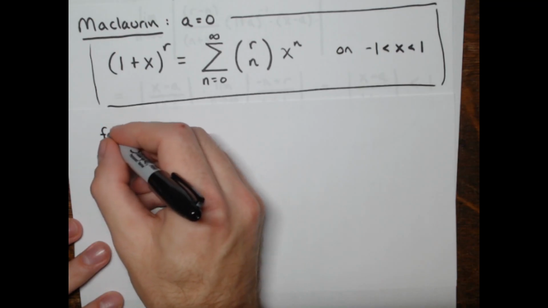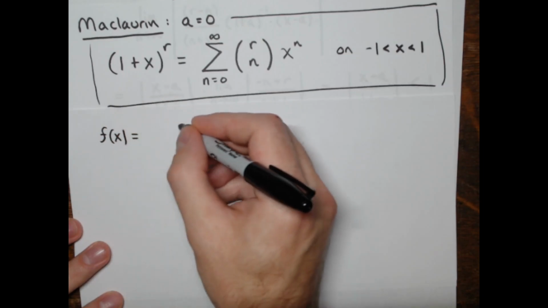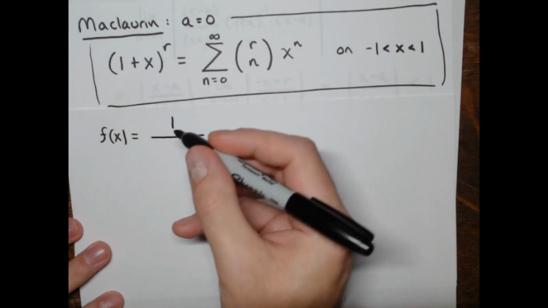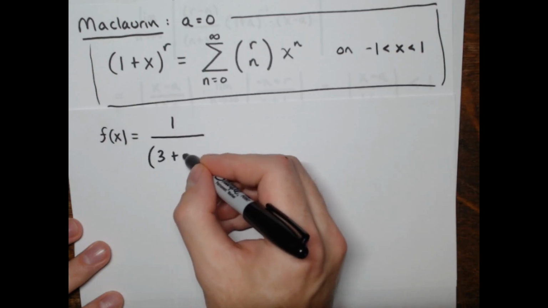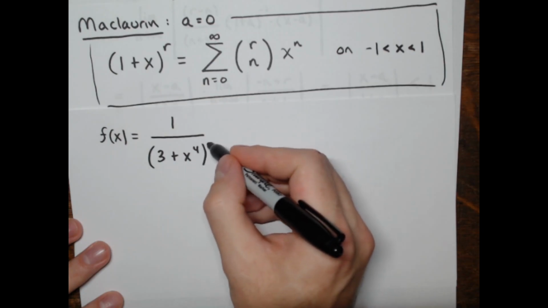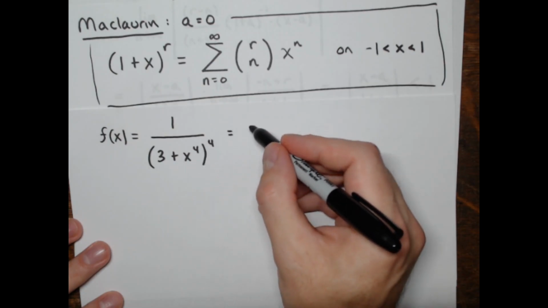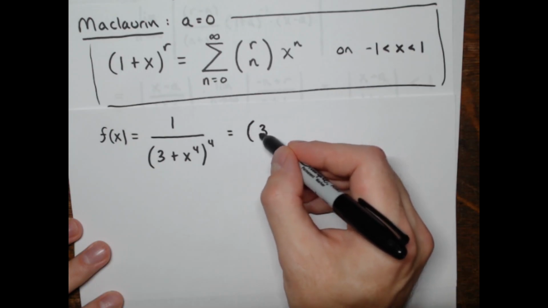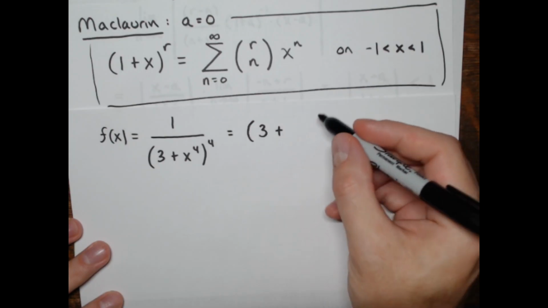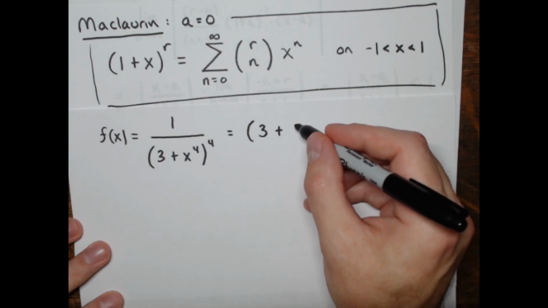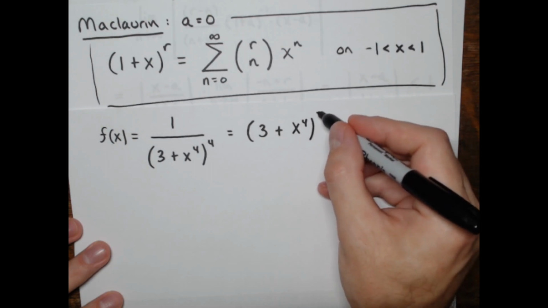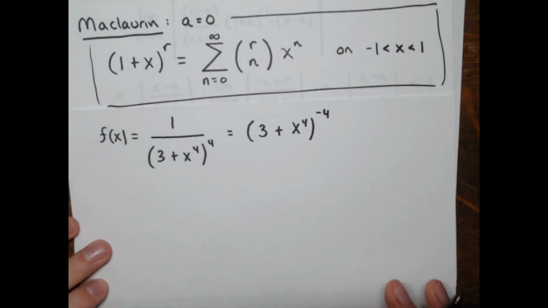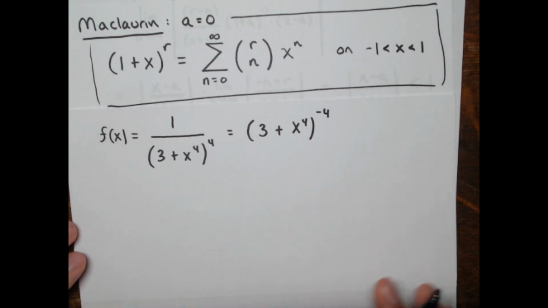So we got f of x equals 1 over (3 plus x to the fourth) to the fourth. Now that is (3 plus x to the fourth) raised to the -4 power, right? A binomial to a power.